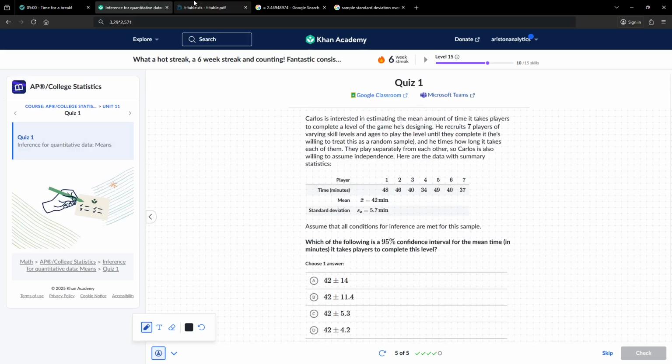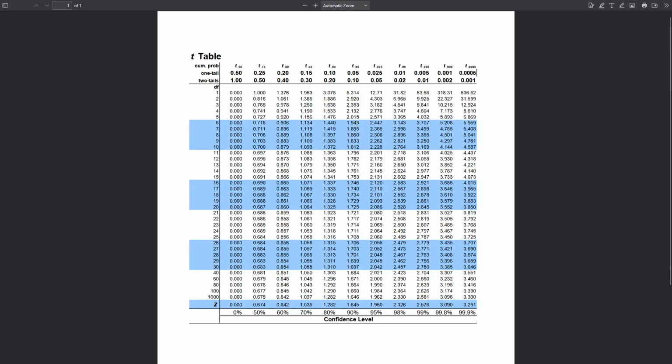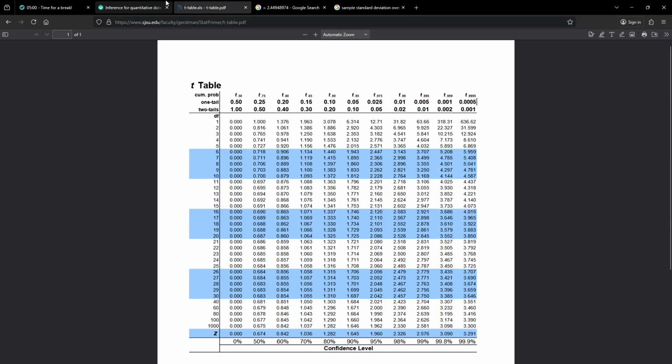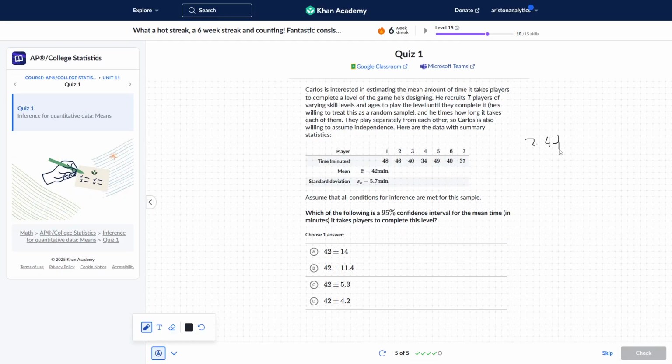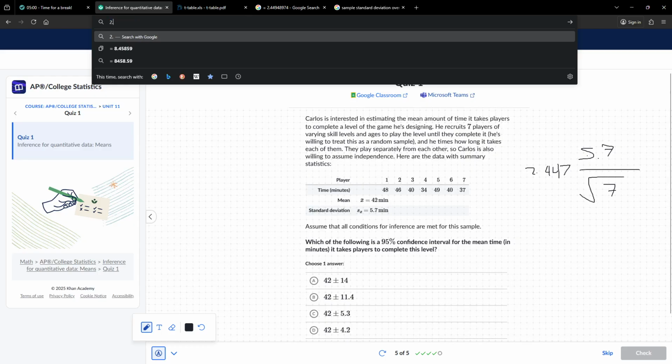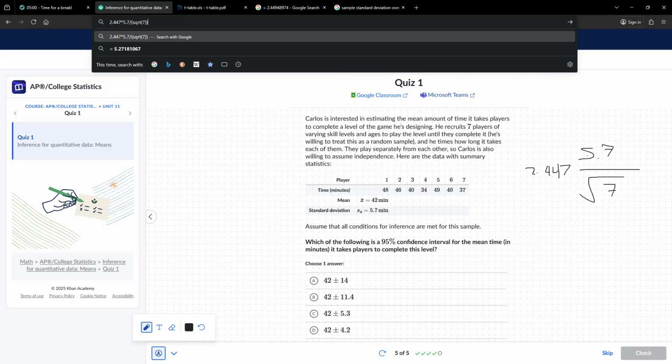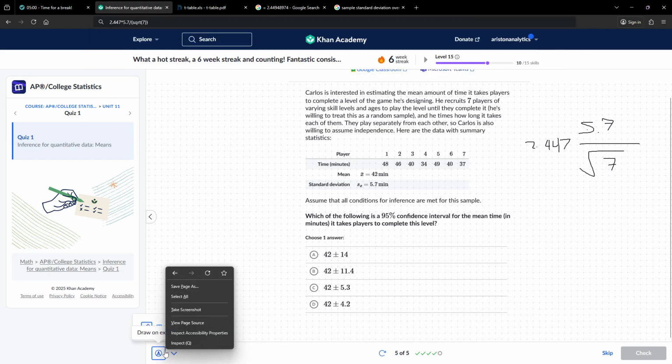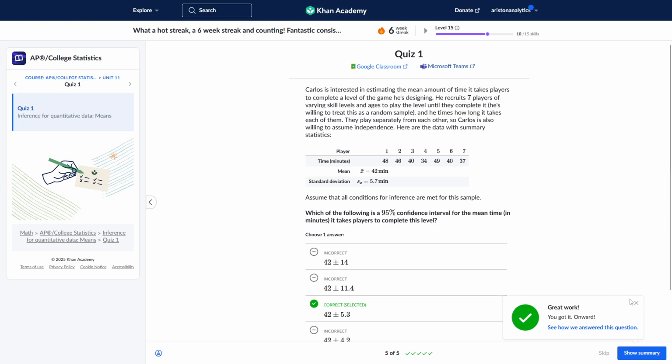D star is 95 and 6. 2.447. Okay. And s is supposed to be the sample standard deviation. Okay.